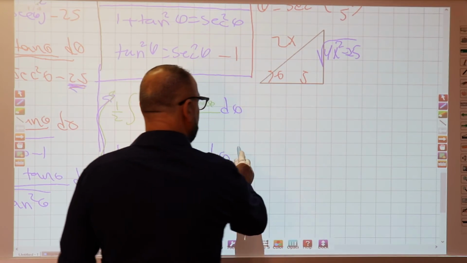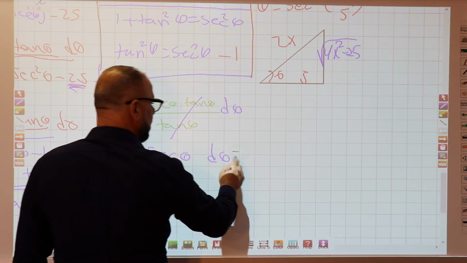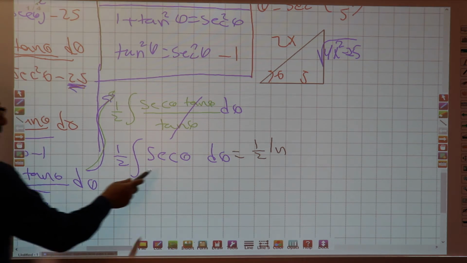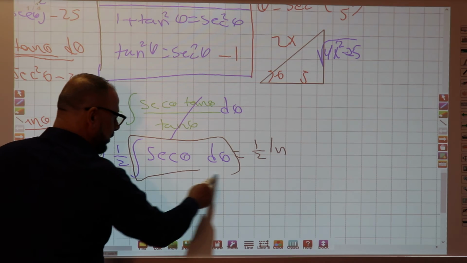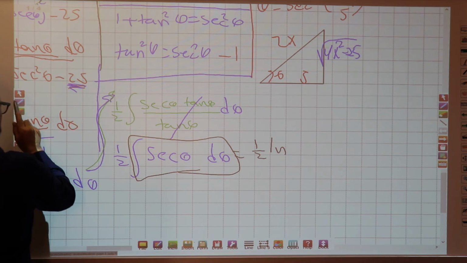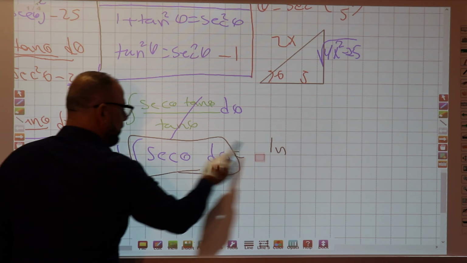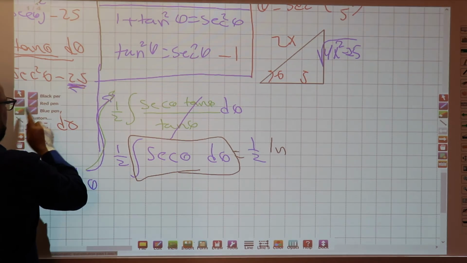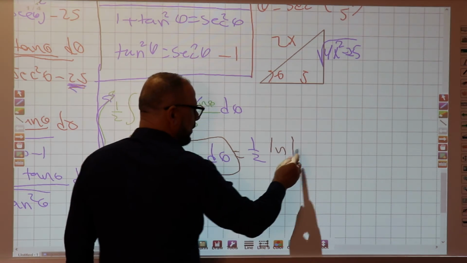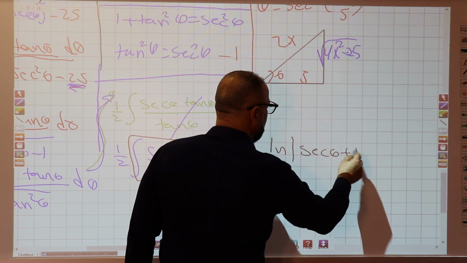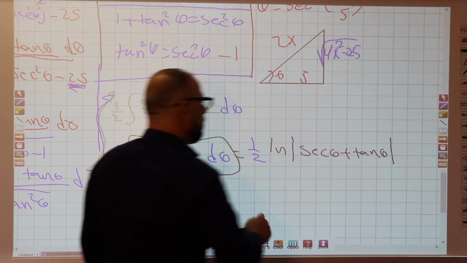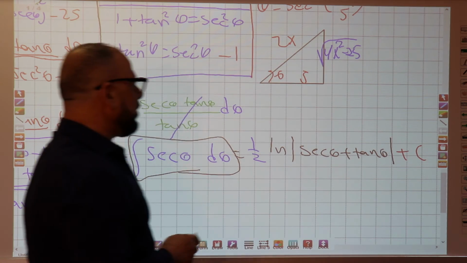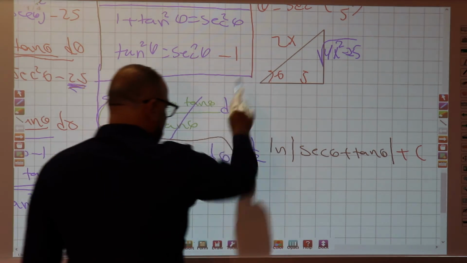It's equal to half the natural log of the absolute value of secant theta plus tan theta plus C, dangerous C.